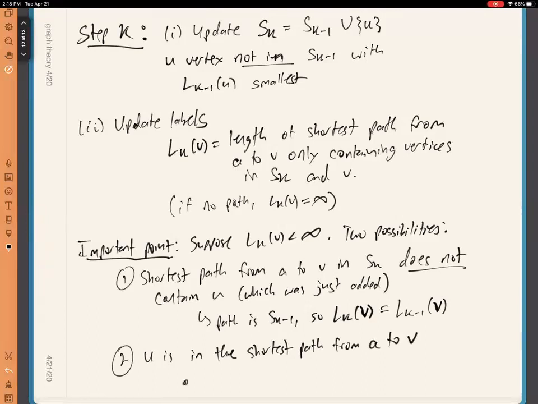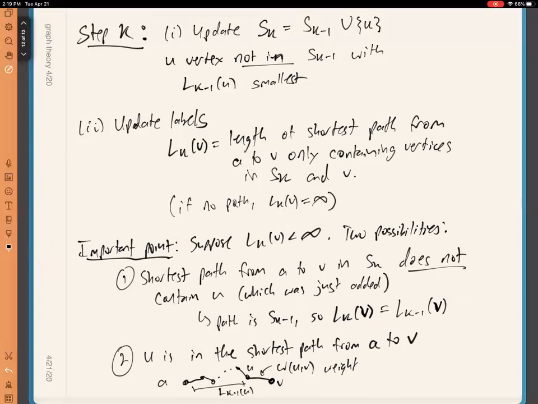And so what does the picture look like? Well, I have my vertex A here, and then there's some path in the graph. I don't know exactly what it looks like, but eventually I'll hit U, and this is the shortest path in S_K from A to U. And then I can get from U to V with some weight, which I'll call W_UV, the weight connecting U and V. Well, I already know the length of the path from A to U. So this is just the label from step K-1 of U. In particular, my computer doesn't have to calculate this.